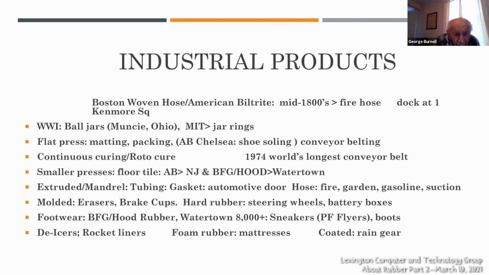Now, that evolved other products. But you have products made in flat presses. That was what you saw in that little press in that first video. They go anywhere from that size up to 30 feet long and 5 feet wide.